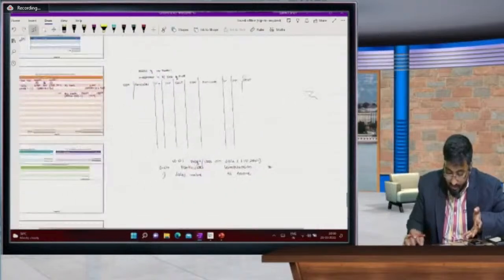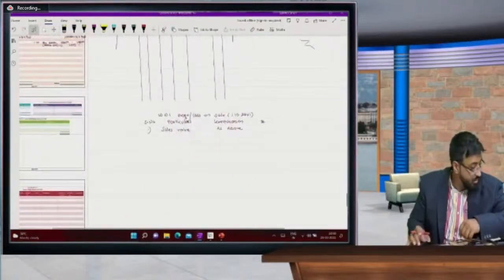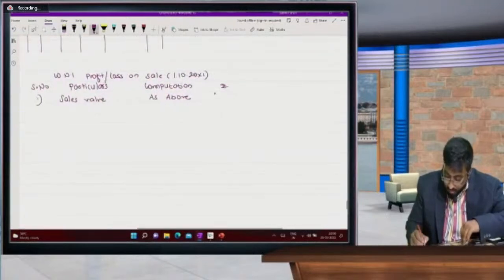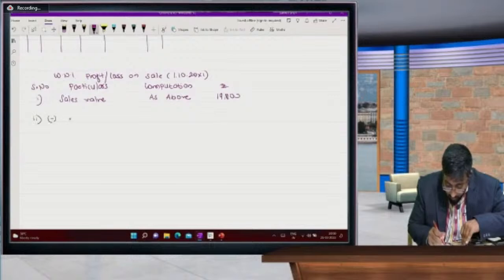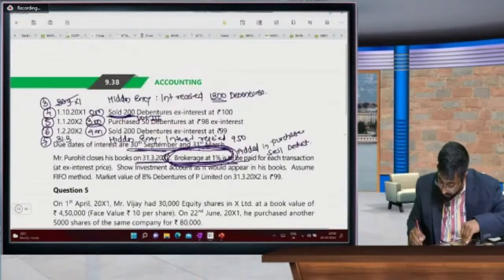What is the sales value? Yes, say it. 19,800. Roman 2, less cost of sales. FIFO or weighted average method? FIFO.